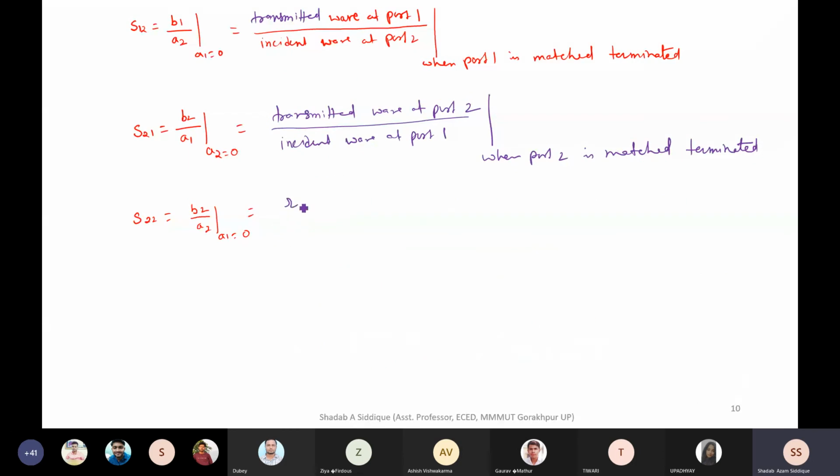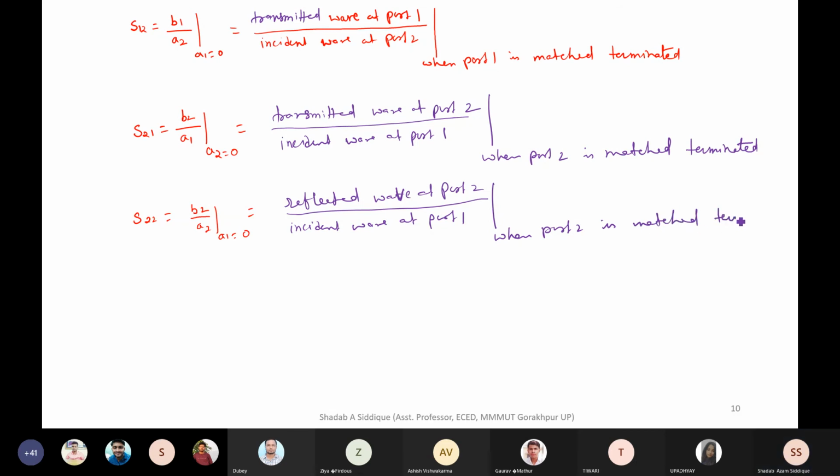So you can say B2 is the reflected wave at port 2 divided by the incident wave at port 1, when port 2 is matched terminated.